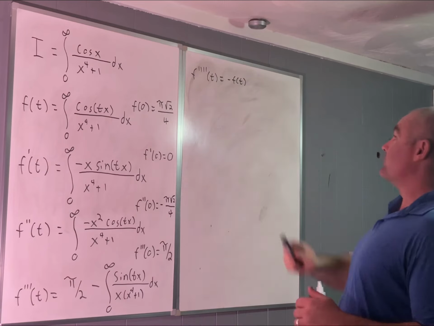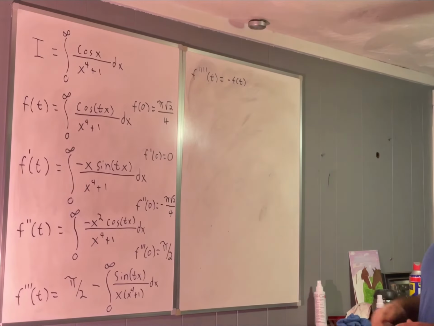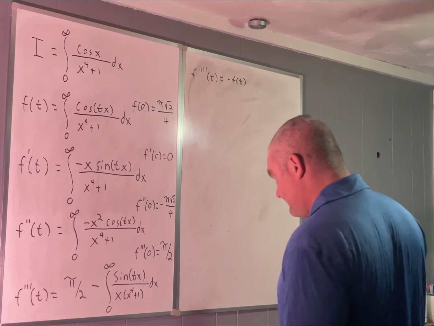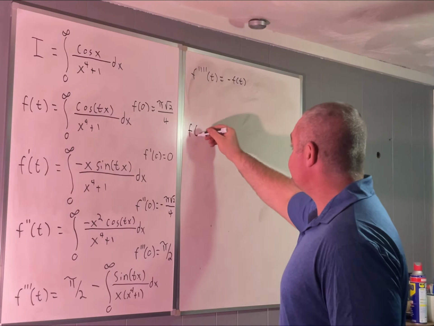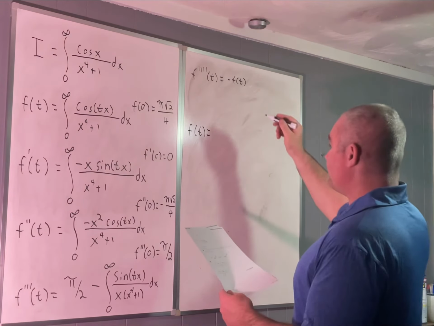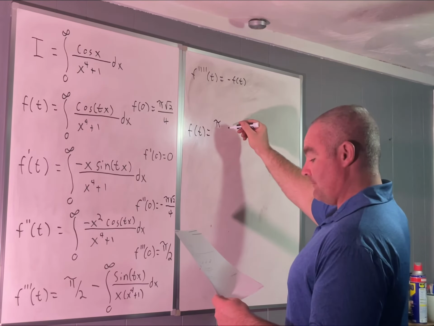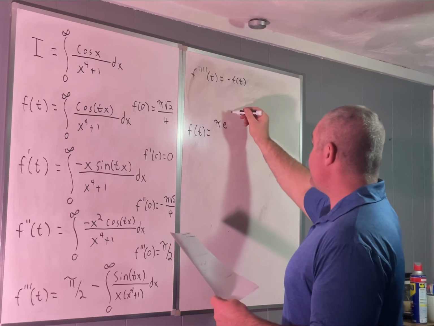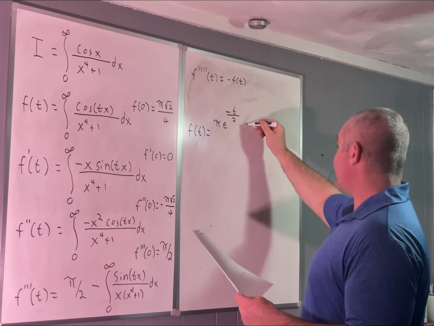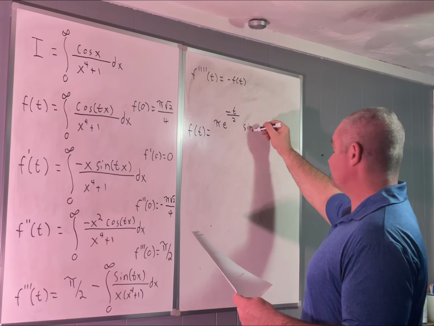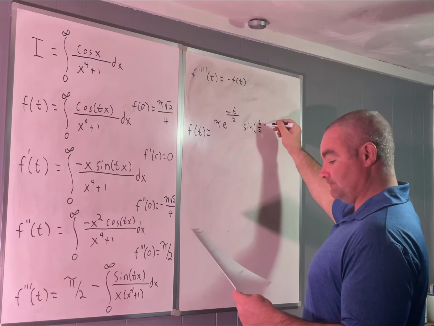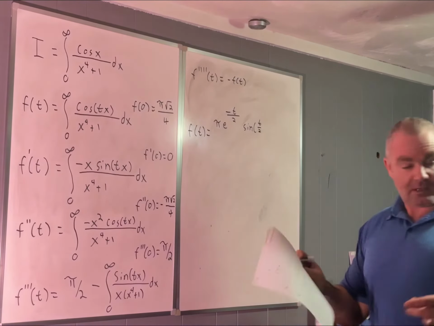So for f quadruple prime of t equals negative f of t, with these conditions, this is what you get for an f of t. f of t will be equal to pi times e to the negative t over 2 times the sine of t over 2. Hold on 1 second.